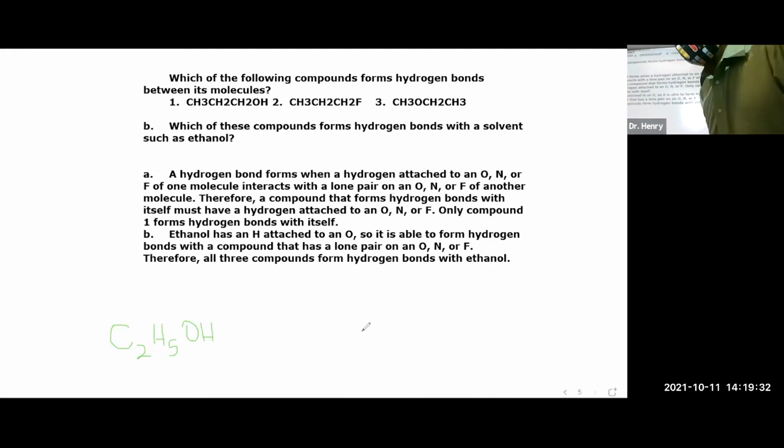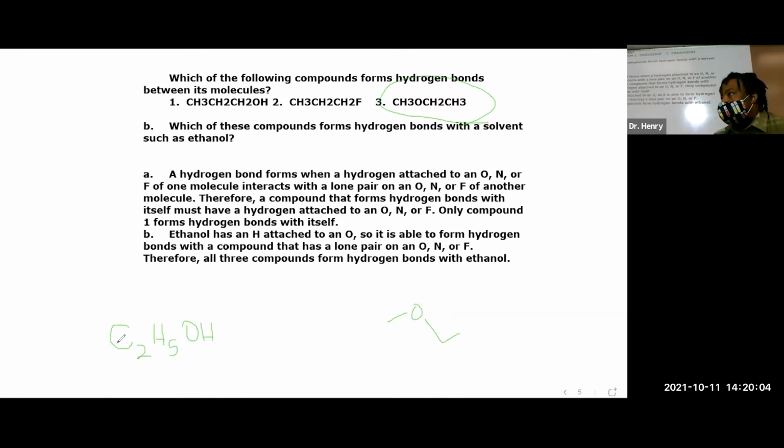Okay, so this guy here, what does the structure look like? What type of compound is this? You guys remember? Okay, it's an ether. So can this oxygen form a hydrogen bond with this hydrogen? It can, right? So then it would, which would make it dissolvable.